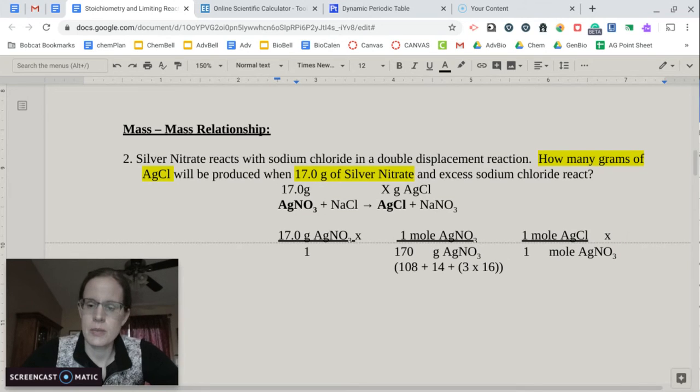We're getting close, except now we're at moles of AgCl, but they want to know how many grams. So you've got one more step. You have to get to grams. We were in grams at the beginning, but we were in grams of the reactant, and now we're trying to figure out grams of this product. So again, copy and paste before you overthink it. Copy and paste your label down here.